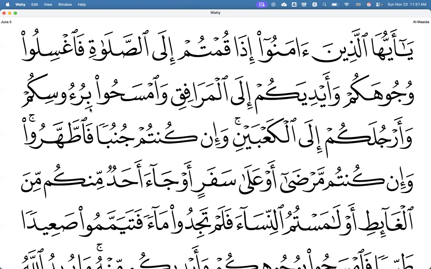Because of harf jar, bi. With me? Even though this is an object, because it begins with harf jar, it becomes jar, majroor. Okay? Then you all do the masah partially of your heads.